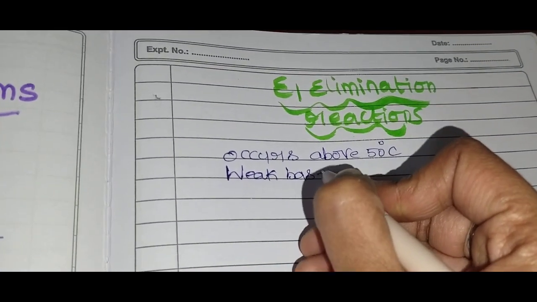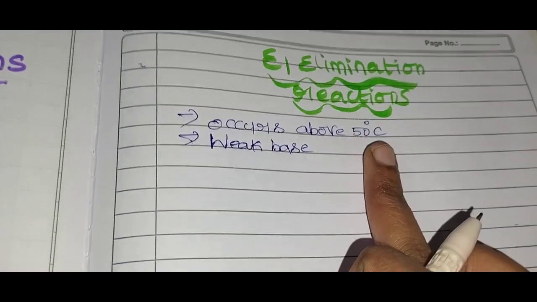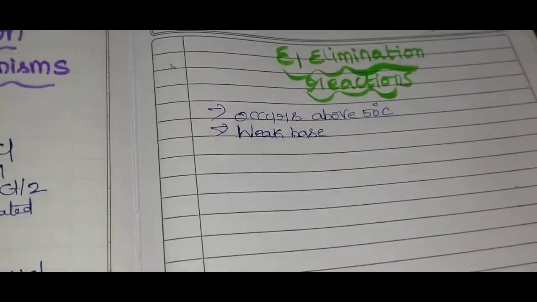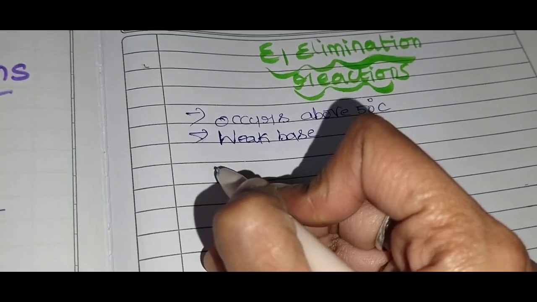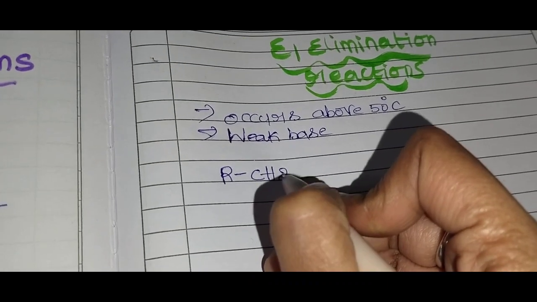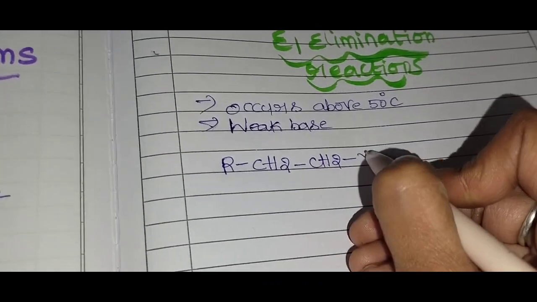So what are the conditions for E1 reaction? It occurs above 50 degrees and it requires a weak base. I will explain how it occurs. Let me write. Take one example, RCH2CH2X.